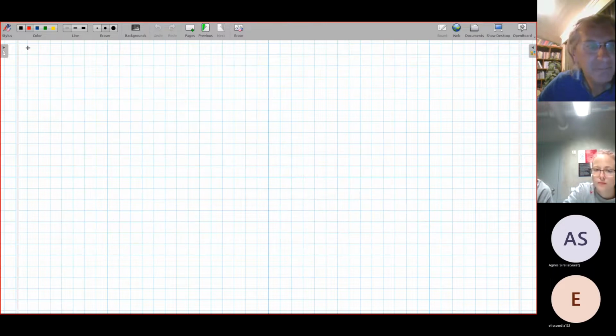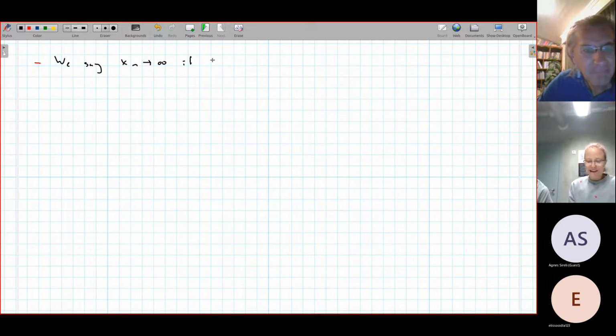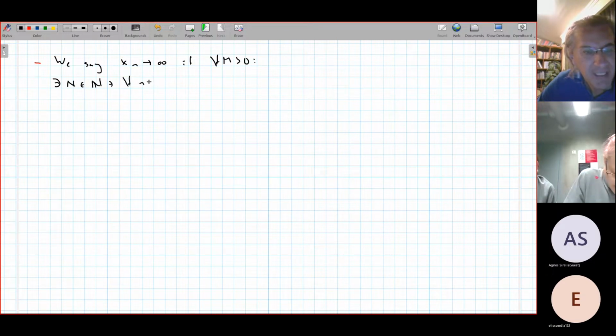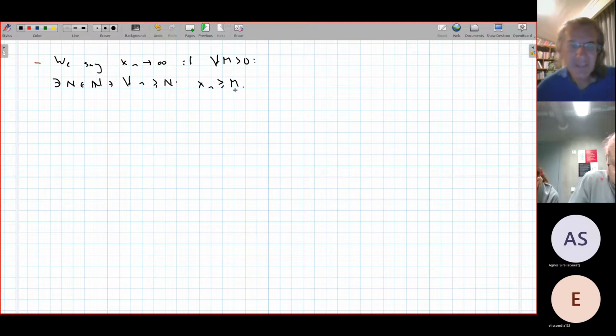So we say that xn goes to infinity if for every M greater than 0, there exists a natural number N such that for any n greater than or equal to N, xn is greater than or equal to M. So that's a definition of a sequence going toward infinity.